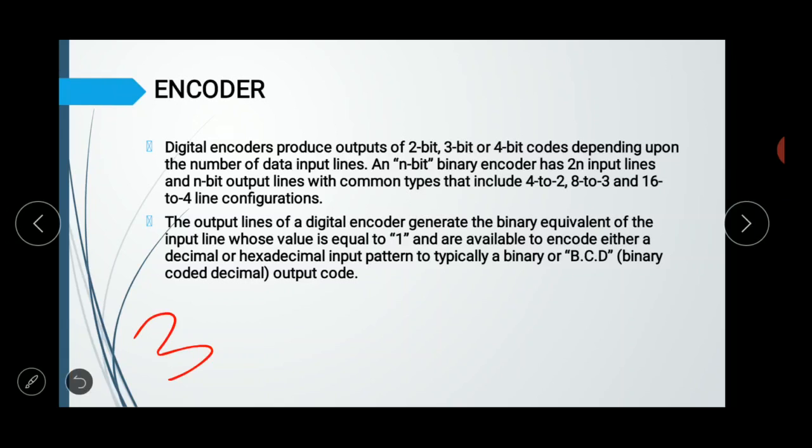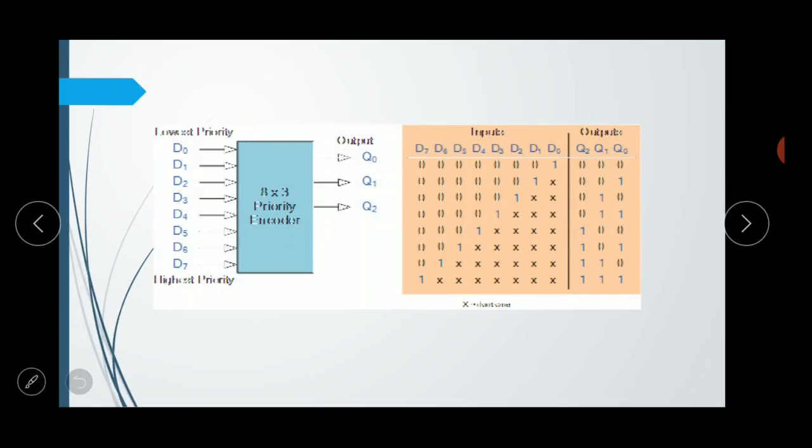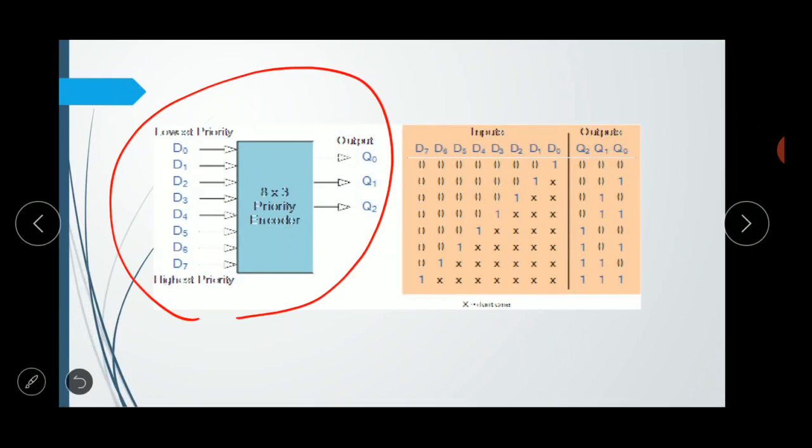So 3-bit output lines, that means input is 2 to the power 3, that means 8 input lines.